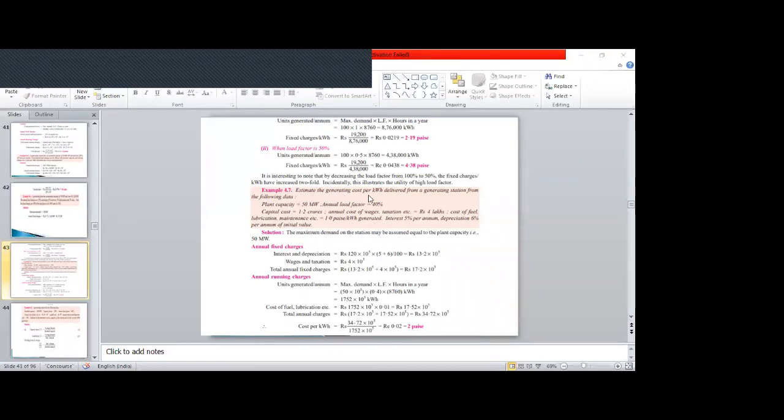Estimate the generating cost per kilowatt hour delivered from a generating station from the following data. Plant capacity is 50 megawatts.